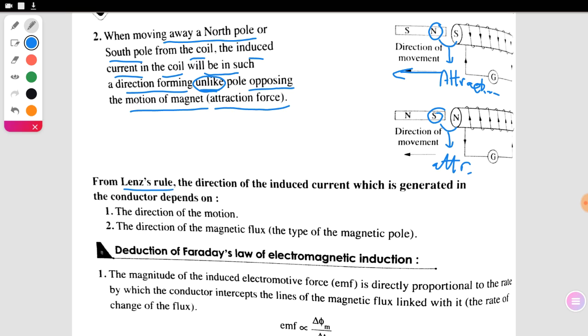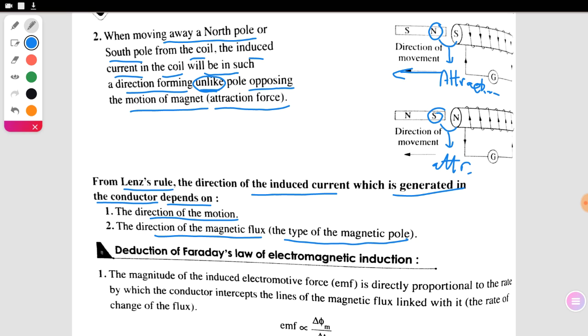From Lenz's rule, the direction of the induced current generated in the conductor depends on the direction of motion and the direction of the magnetic flux, which determine the type of the magnetic pole of the magnet.